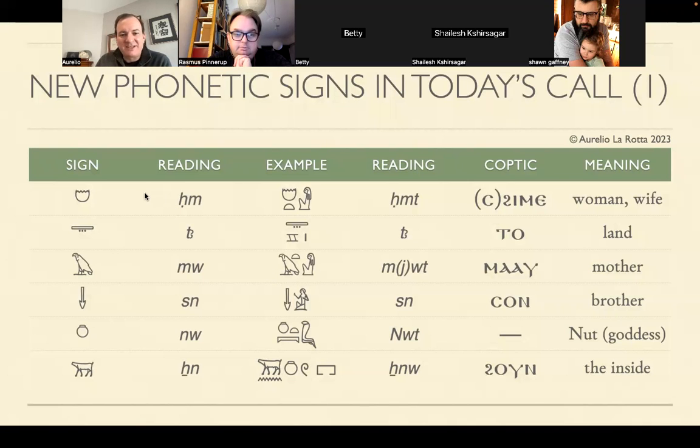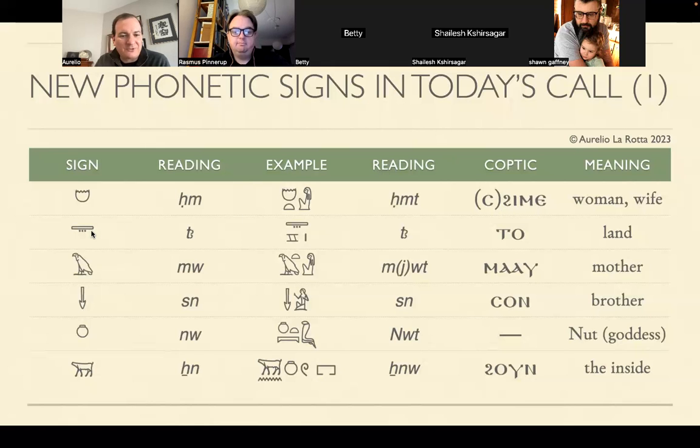I'm only putting the phonetic signs because those are the ones that you really need to read the word and also to look it up in the dictionary. And for today, that would be chem with the emphatic H, for example, in the word chemit, a woman or wife, actually. It survives as part of eschime in Coptic. There's another little word in front of it, but you can clearly still see that word surviving.